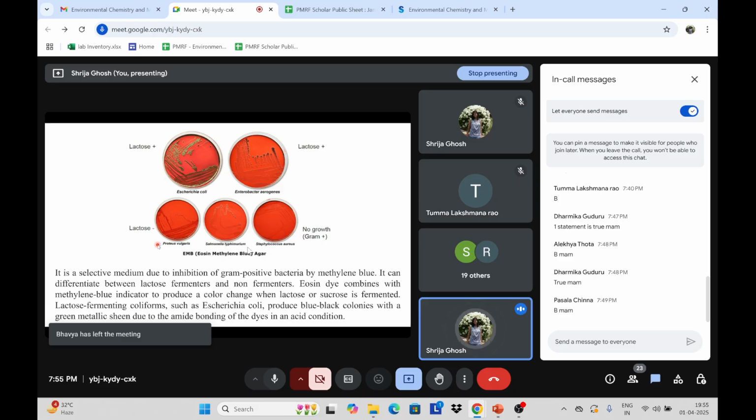Everybody understood this? Anybody has any doubt? What is a selective and what is a differential medium and their examples?